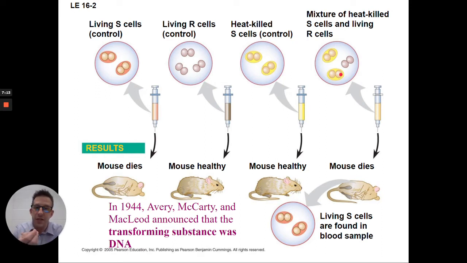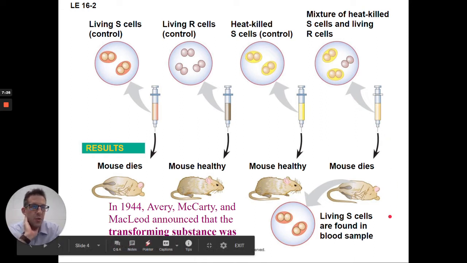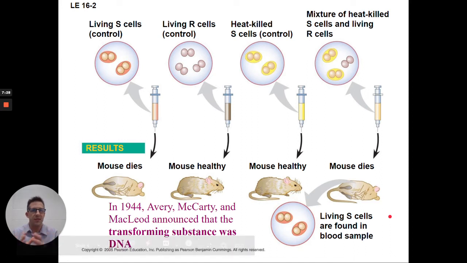They still have the DNA that causes disease, and that DNA was then transferred into these harmless cells. So it's a neat little experiment that showed that there was some kind of substance being transferred from one cell to the other, conferring traits from the one cell to the other cell.